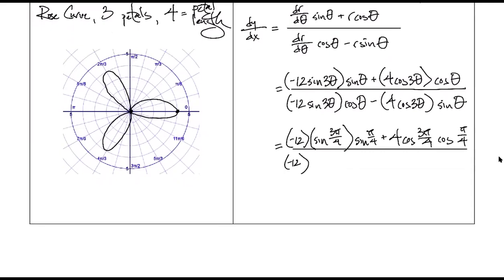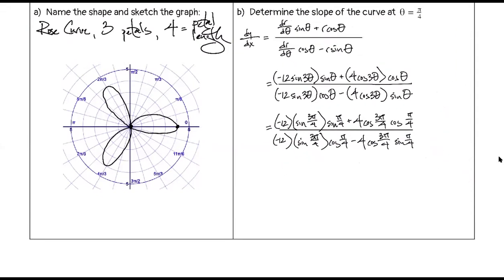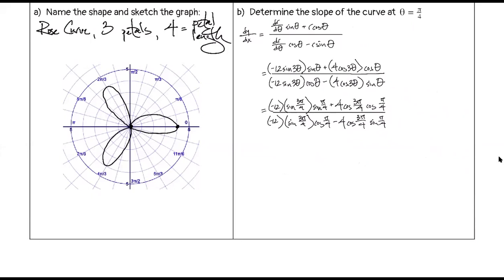Negative 12 sine of 3 pi over 4 cosine of pi over 4 minus 4 cosine 3 pi over 4 sine pi over 4. Okay. All right. Let's fill in our trig values now, okay?